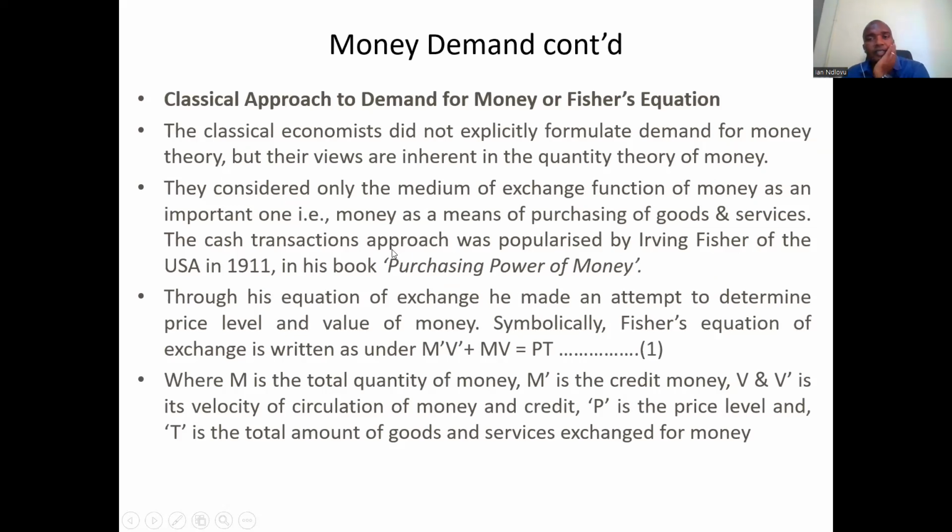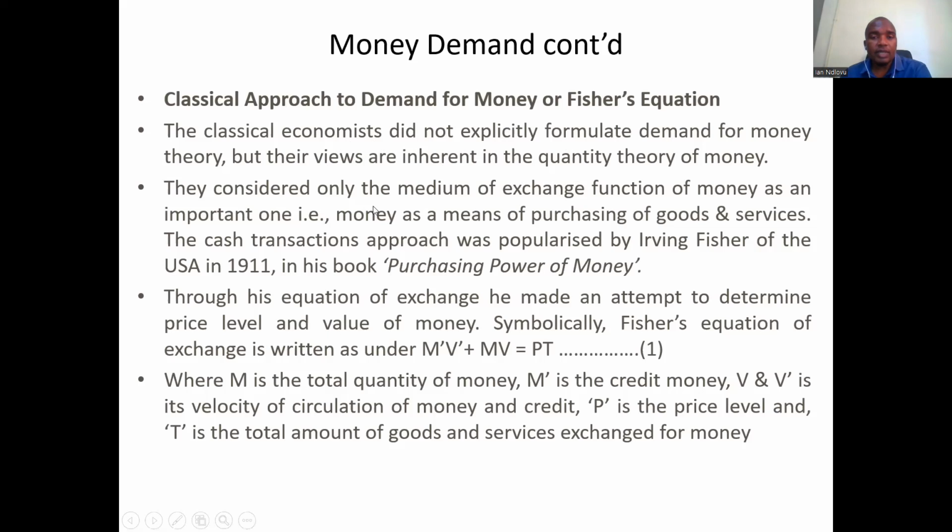So when we are looking at the classical approach, we realize that classical economists such as Irving Fischer did not explicitly formulate a demand for money theory, but their views were inherent in the quantity theory of money, which they inherited from classical economic philosophers such as Adam Smith and David Hume.